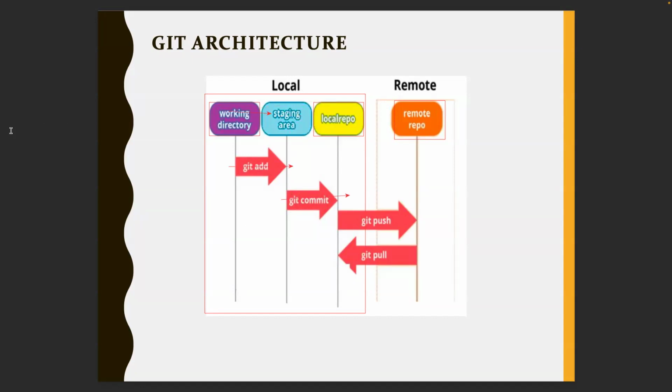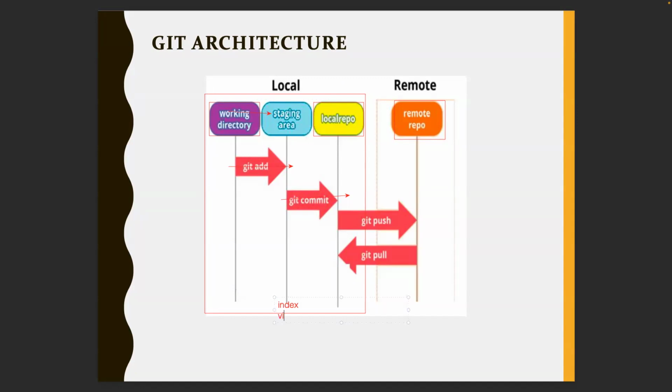But what is the staging area? Assume that the working directory is some folder, or if you are a Linux person, let me call it a directory or a folder. From there, you can't directly push to local. There will be one more area or layer called the staging area. The staging area is nothing but the index area, a virtual area.